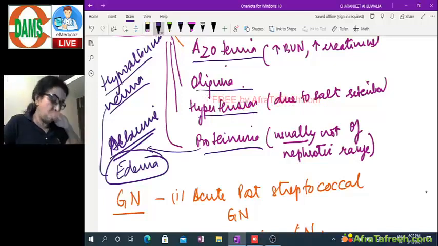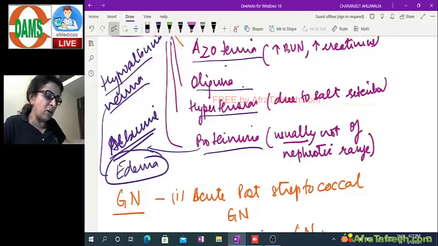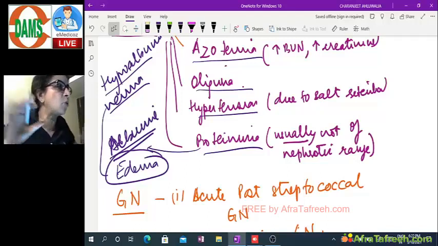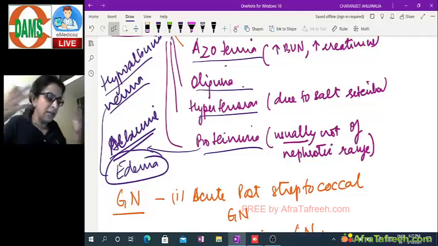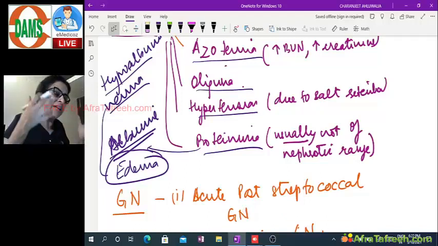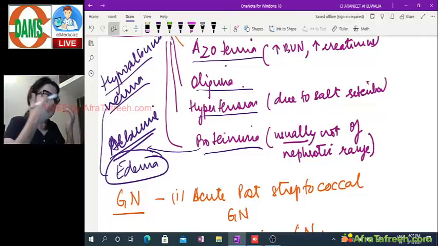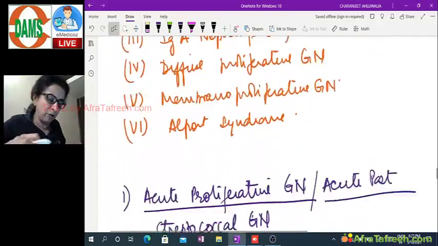So that is proteinuria, because proteins are lost, albumin in the blood is decreasing. Since albumin is decreasing, plasma colloid osmotic pressure is decreasing, causing fluid to go out of the blood vessel into the tissues, leading to edema. And in kidney disease, the edema first begins around the eyes. So it is periorbital edema.